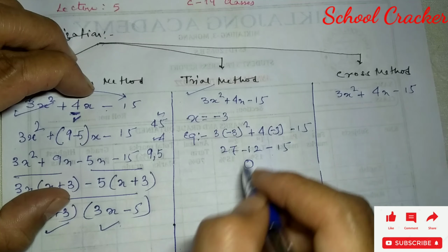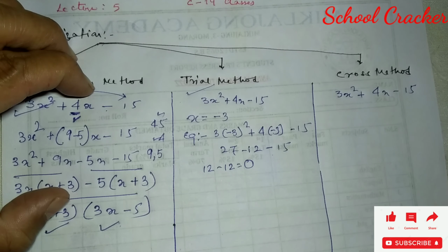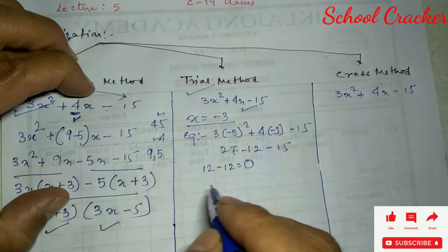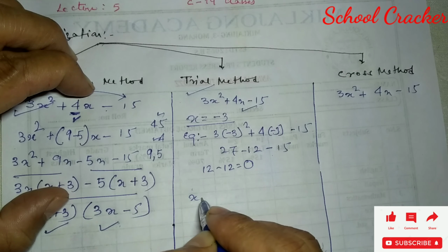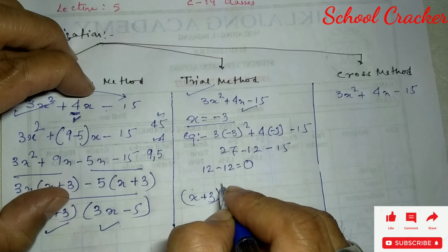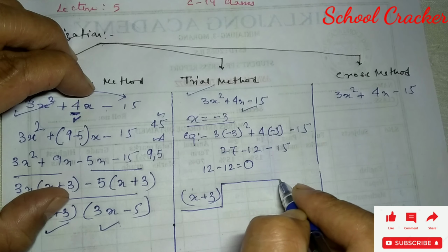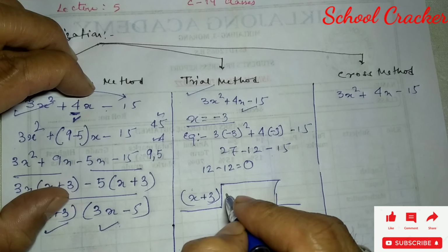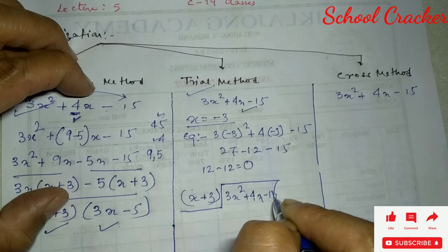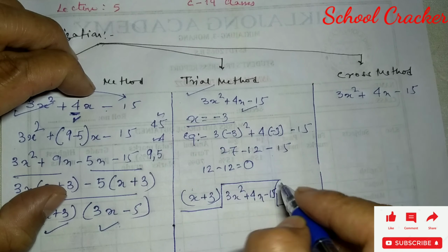So it is 0. 12 minus 12 equals 0. That means one of the factors of this polynomial is x plus 3. With this factor, just divide the given polynomial 3x square plus 4x minus 15 in order to extract the remaining factor.